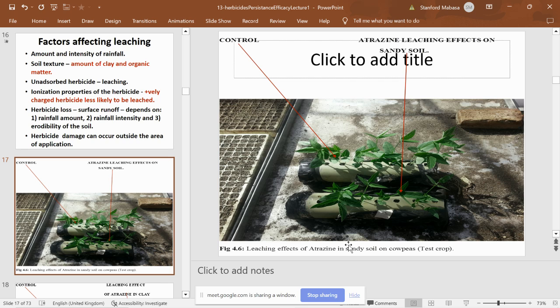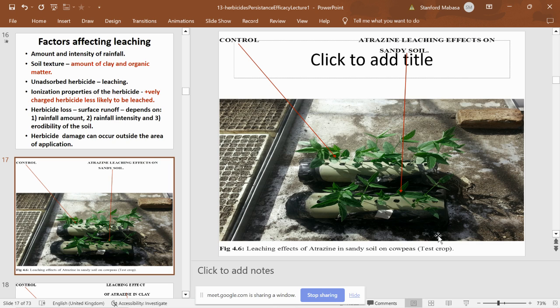If you want to test the leaching of herbicides, you can use cylinders, right? Now, what you do, these cylinders should have some holes where you plant sensitive crops on the side.